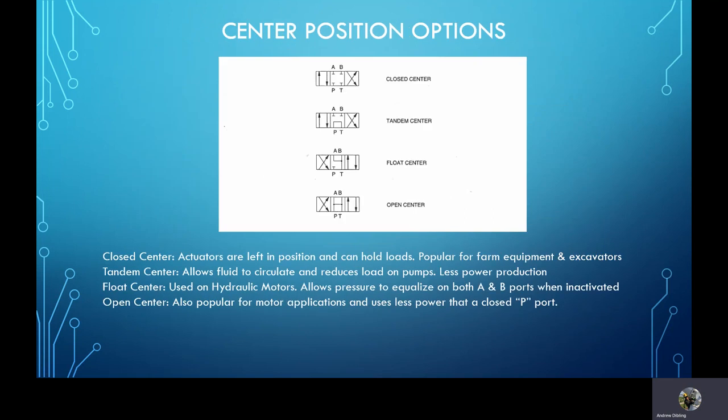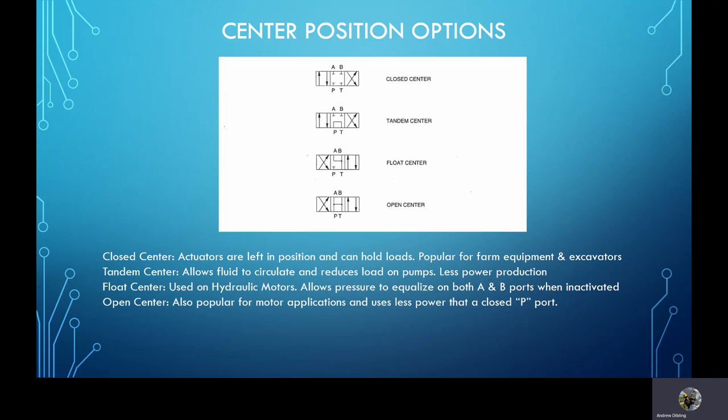Now, center port conditions in three-position valves, three-position four-way in this case, because the fluid has four ways it can go: 1, 2, 3, 4. You will either have a closed center, and with a closed center, actuators are left in the position they're in when the fluid flow is cut off, because the fluid can neither get back to the tank nor come from the pressure point, and A and B are isolated from the rest of the circuit.